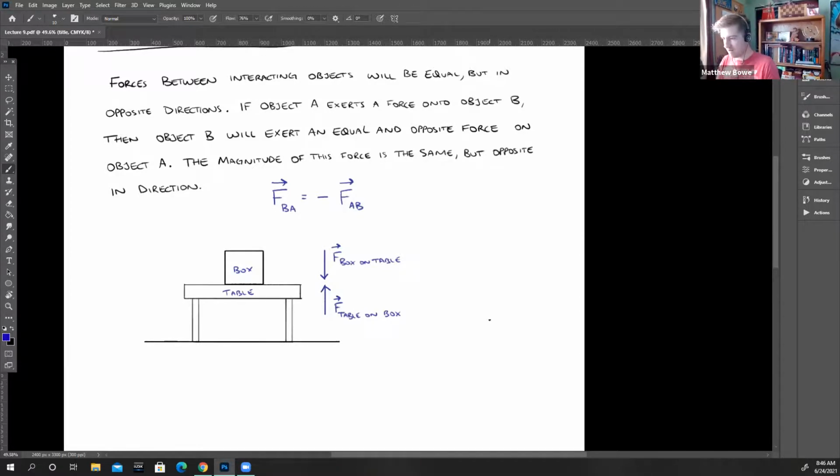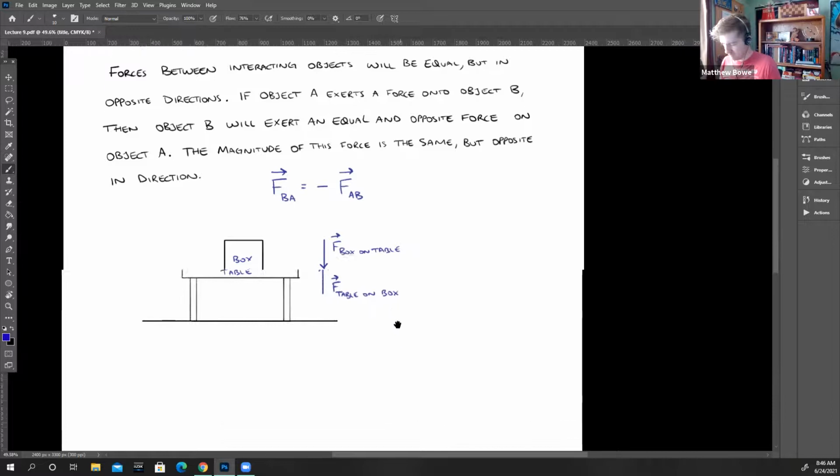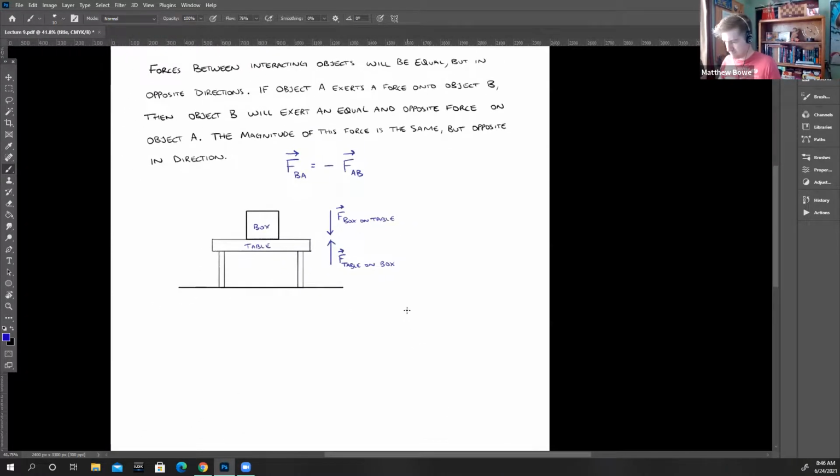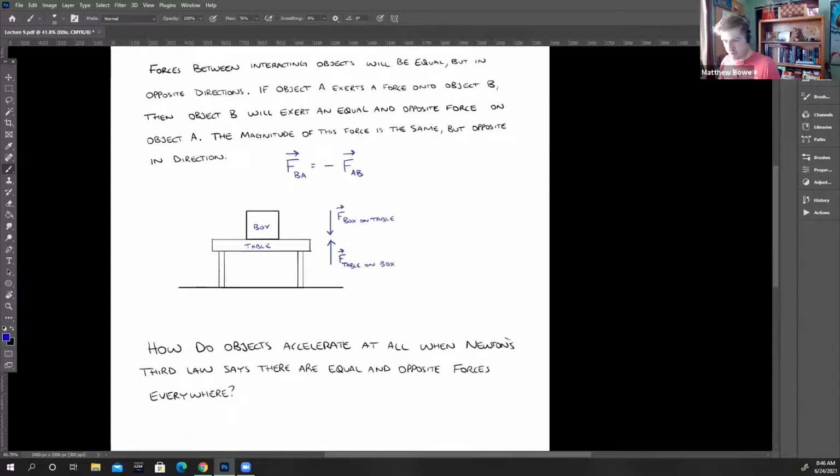If there's always an equal and opposite force, how is the box able to move at all when the forces may seem to cancel? I have a little example for this. So how do things accelerate at all?